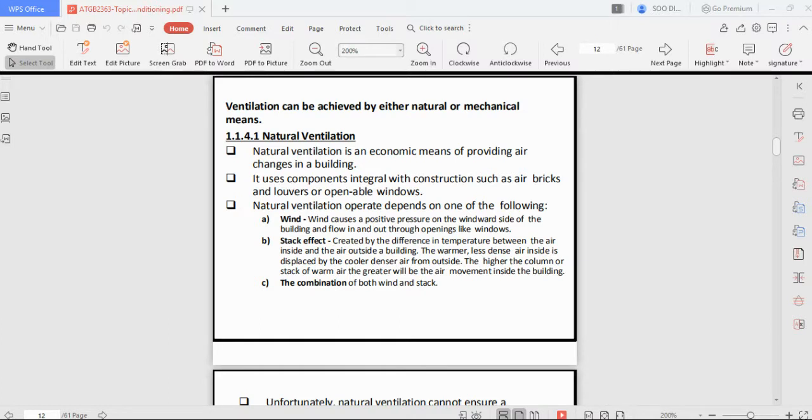So we want to use it to serve an additional function. Instead of installing at the bottom, we install it at the top so that as the hot air rises, we will be able to replace it with the cool air from outside by expelling all this hot air and make sure the room is cool properly.